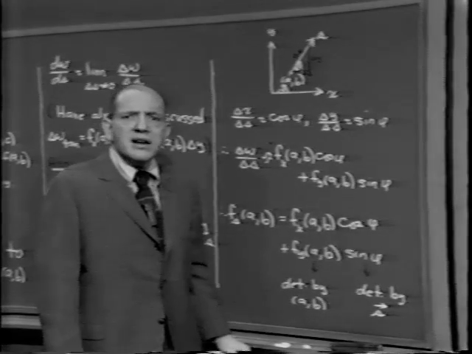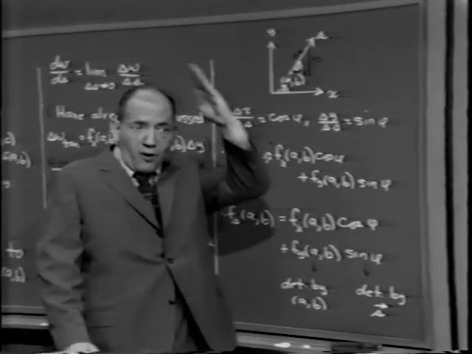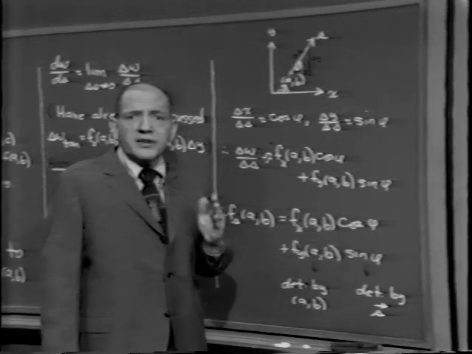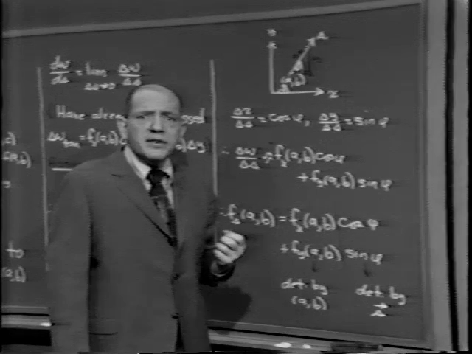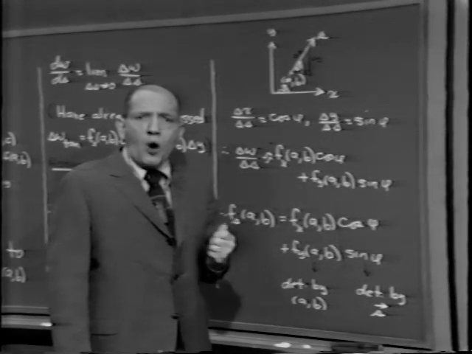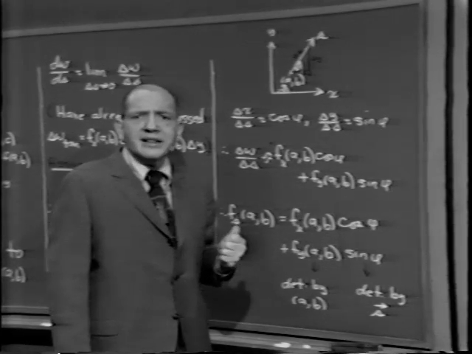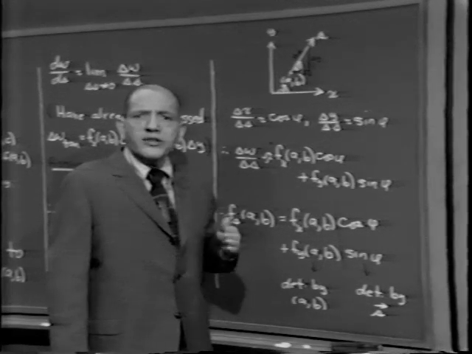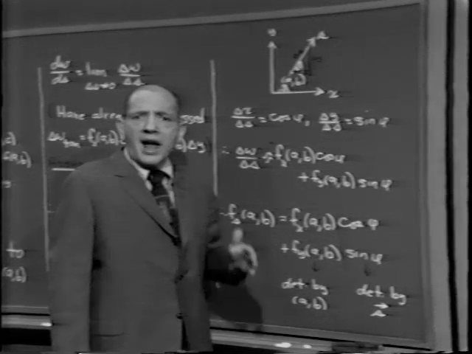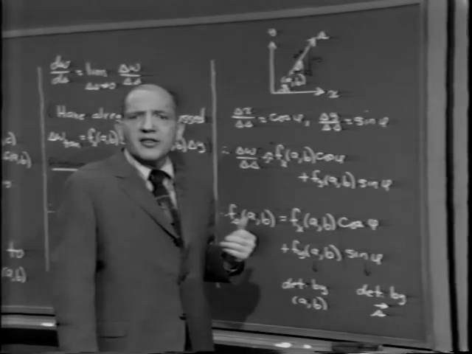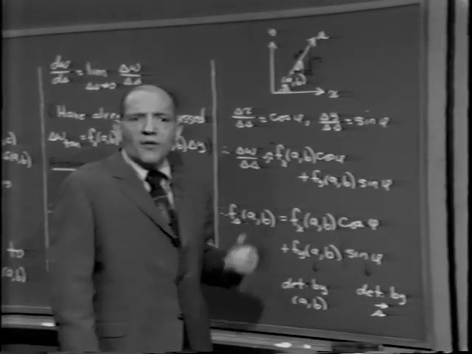If you're asking in terms of the surface being up over your head for a directional derivative, obviously once the surface is given, the directional derivative should depend on two things. One, what point you start at, and the other, what direction you move in once you've started at that particular point. And what direction you move in has nothing to do with what the surface looks like over your head.